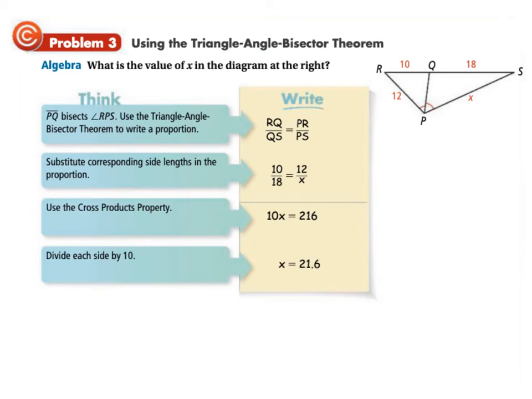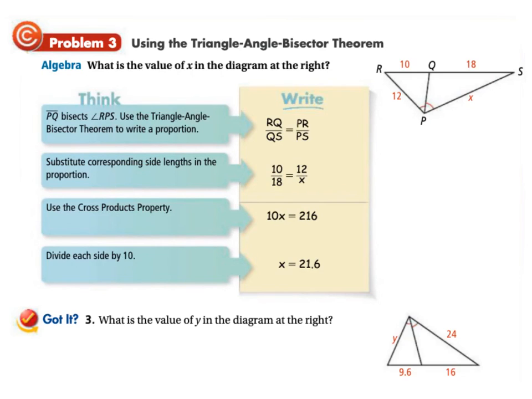We know that segment PQ here is bisecting this angle RPS, and so we can use that triangle angle bisector theorem and say that RQ over QS equals PR over PS, like that. And then replacing those numbers in, we can then do cross multiplication and find that we've got a length of 21.6. Pretty straightforward.